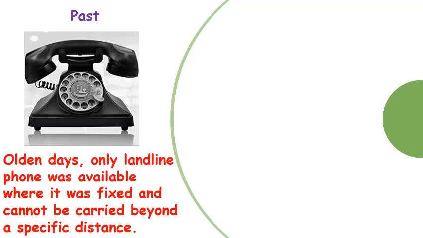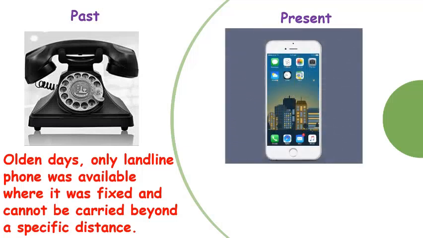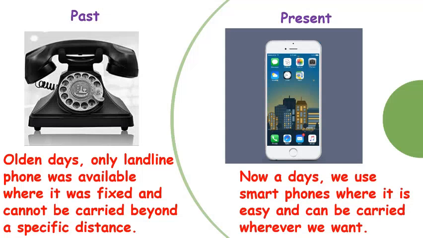In olden days, only landline phones were available, where it was fixed and could not be carried beyond a specific distance. But in the present time, we can see mobiles. Nowadays, we use smartphones, which are easy and can be carried wherever we want.